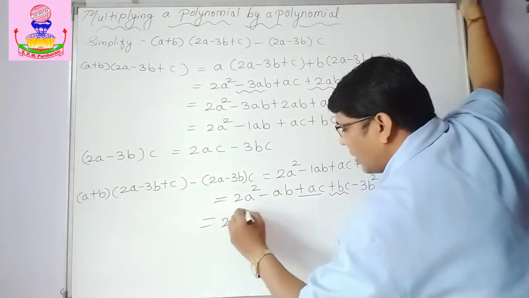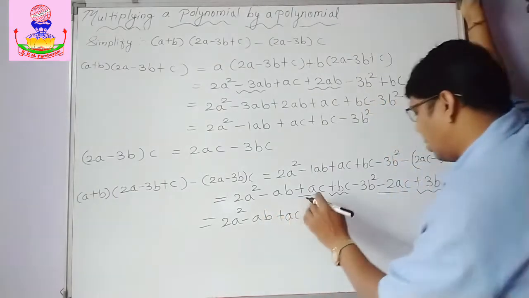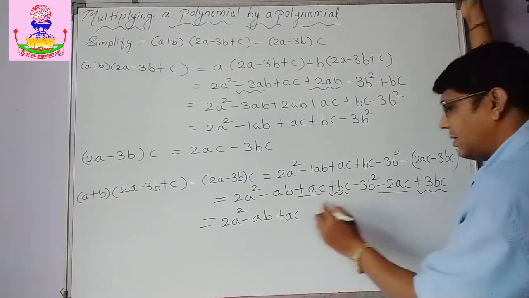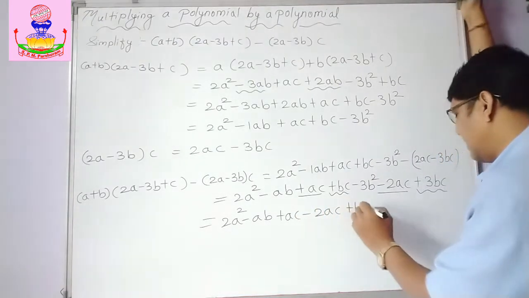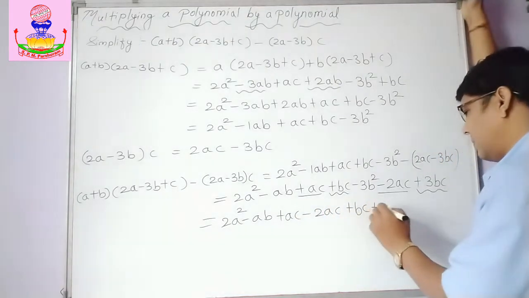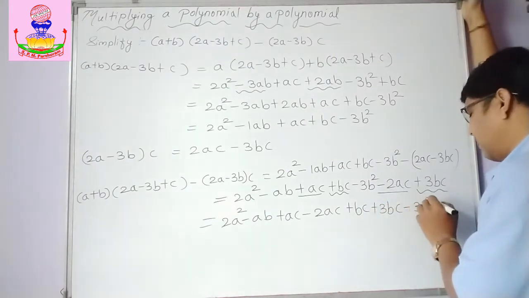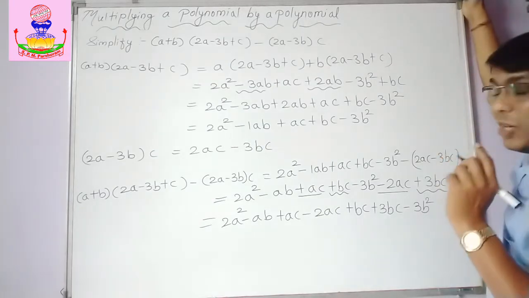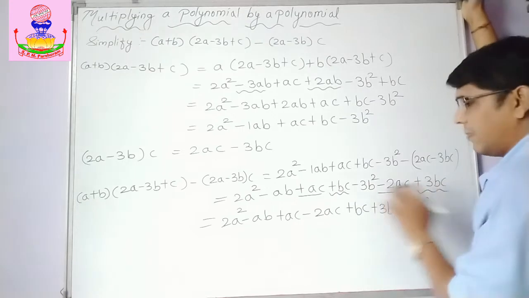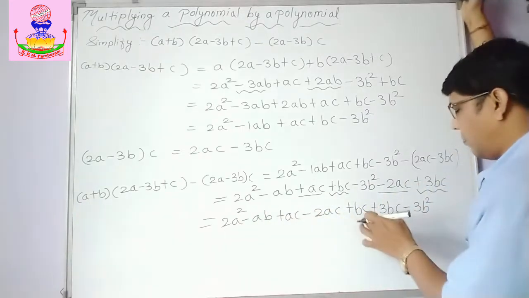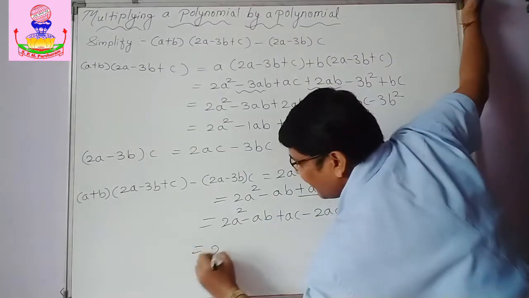Okay, so 2a square minus ab plus ac, now plus ac minus 2ac, okay, plus bc plus 3bc, and left is minus 3b square. Count the terms to be on the safer side. 1, 2, 3, 4, 5, 6, 7. 1, 2, 3, 4, 5, 6, 7. We are right. Yes.